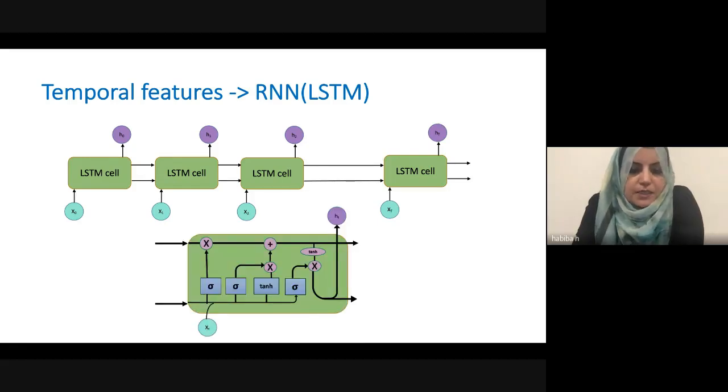Within an LSTM, you have a sequence of cells. Each of them maintains some kind of state and forwards that state to a future cell. So at each point you are using historical information from previous cells to predict something in the future.